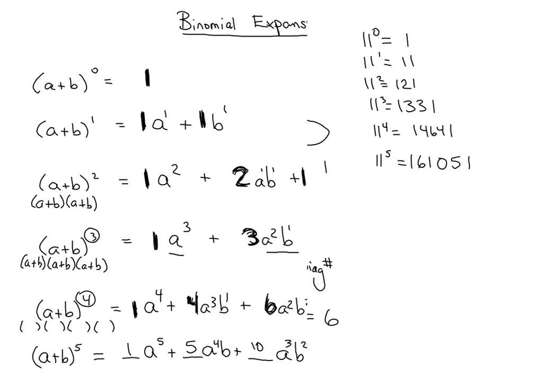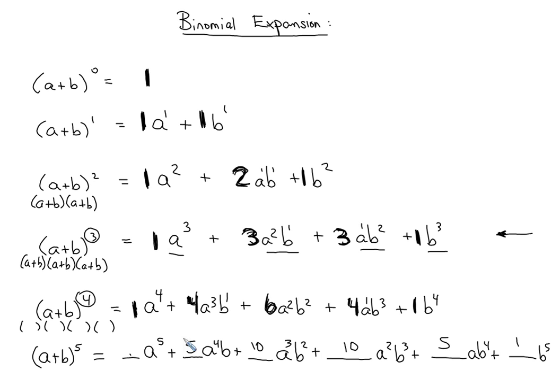Now, the problem is, what happens if we're doing something like a plus b to the 17th power? Pascal's triangle gets cumbersome as it gets bigger and bigger. So there is another way to understand where to get these coefficients from. It turns out that the coefficients come from this.